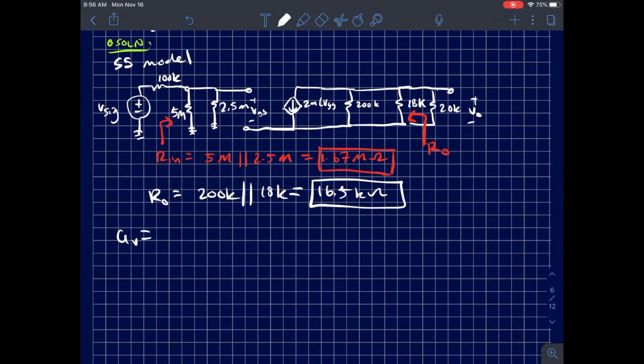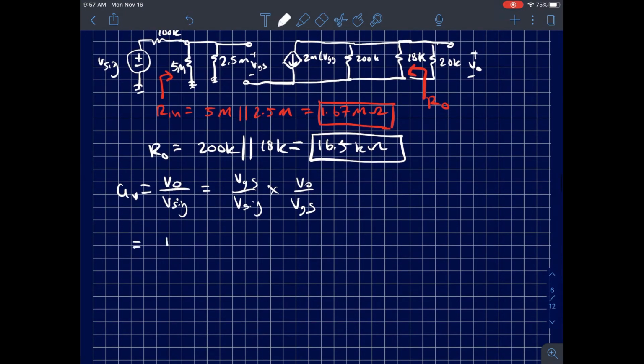Gv is equal to the output voltage V naught over the input voltage V sig, which is the same as VGS over V sig multiplied by V naught over VGS.